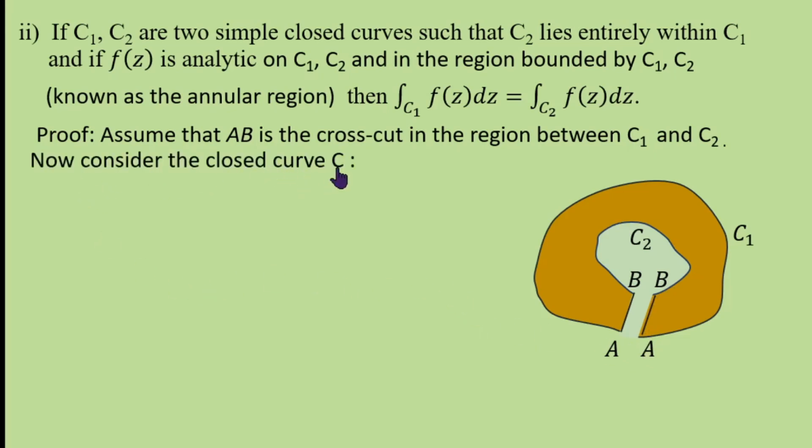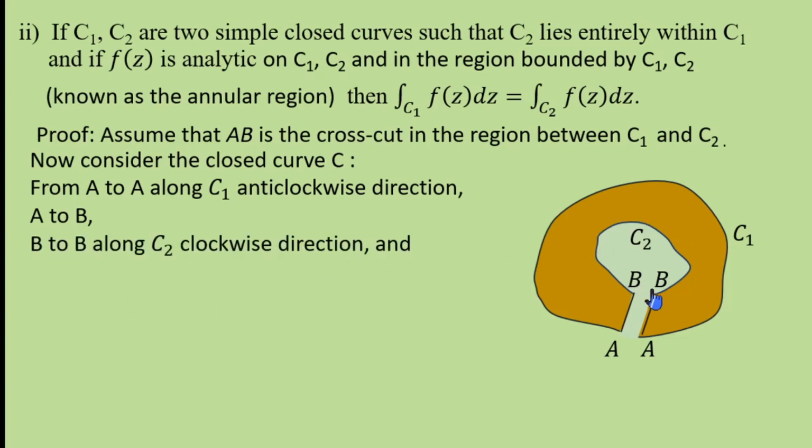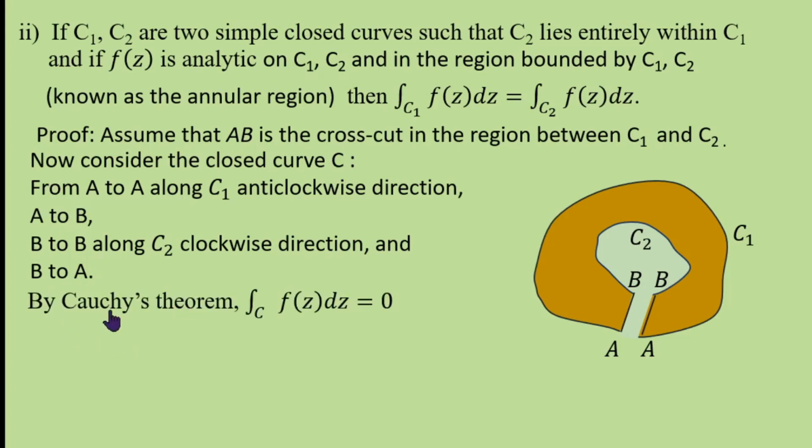Now the closed curve C is nothing but from A to A along C1 in anti-clockwise direction, and from A to B, and then from B to B along C2 in clockwise direction, and then from B to A. Therefore C becomes a closed curve from A to A. And hence by Cauchy's theorem, the integral over C of f of z dz is 0.